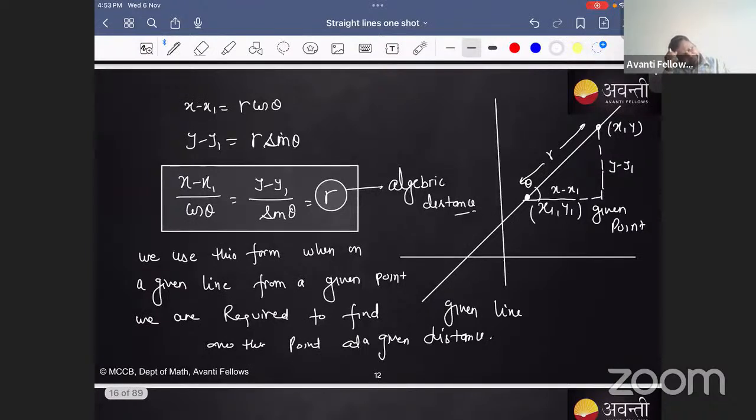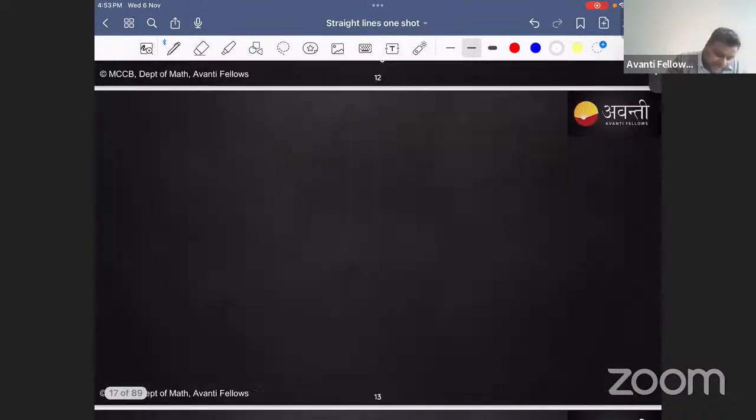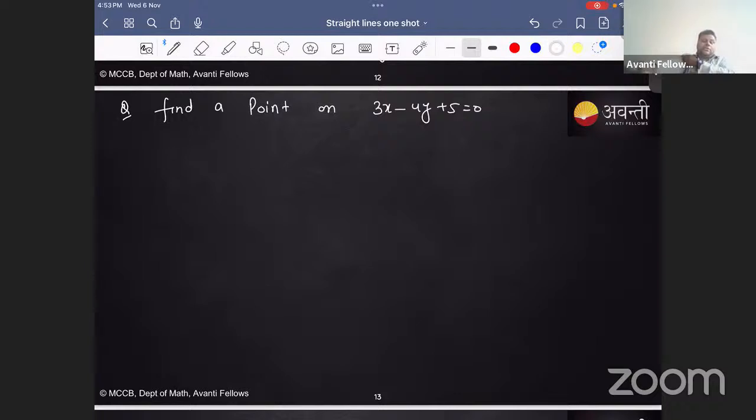Got it? Like a simple question, if I write: find a point on 3x minus 4y plus 5 equals 0 at a distance 10 from a point (1, 2) on it.